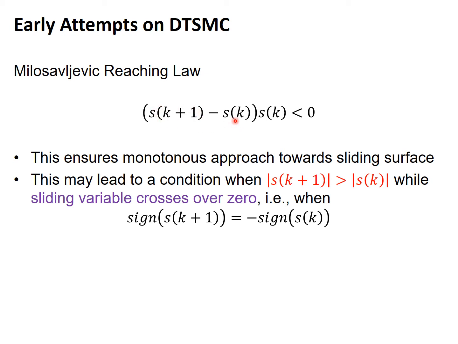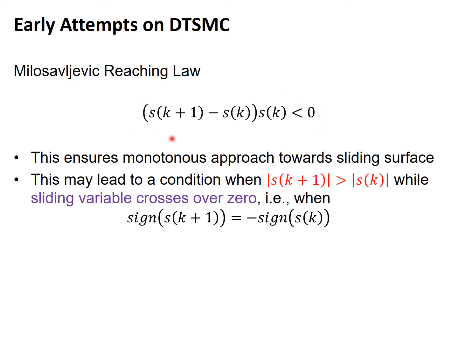Suppose that this is 1, so this can be minus 0.5, that is also fine for this to hold true, but this can also become minus 2 or minus 3, and still this will hold true.